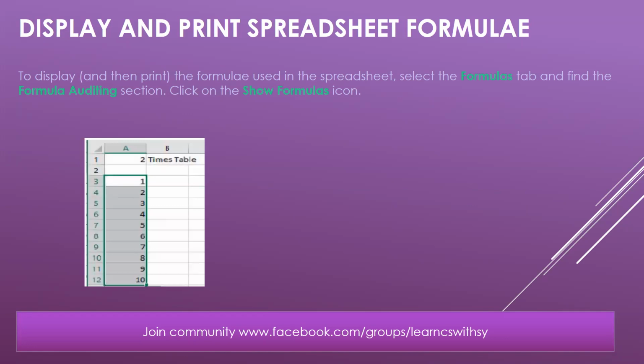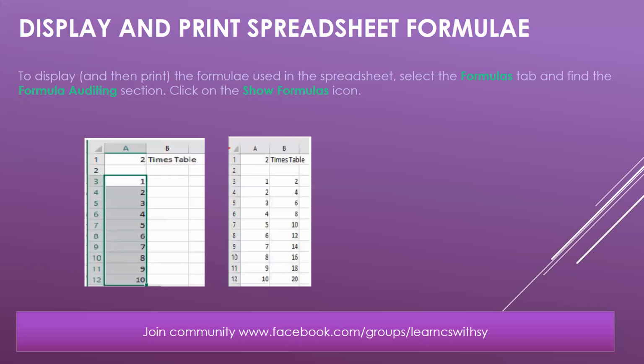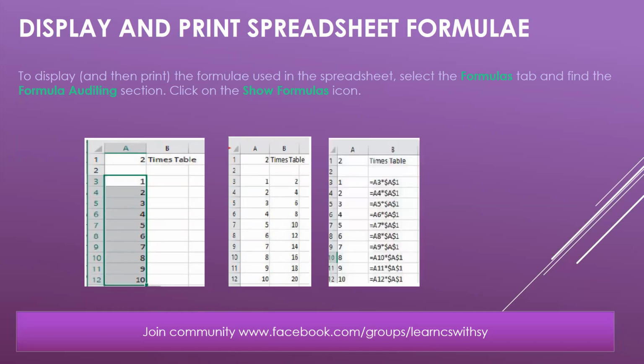And in this manner, for example, you have this 2 times table and this generation of 1, 2, 3, 4. And by the way, I hope that you have seen that video that deals with how to generate the numbers automatically. And you can see now, after that, it is generating the 2 times table. How is it done? By default, the formulas are not visible.